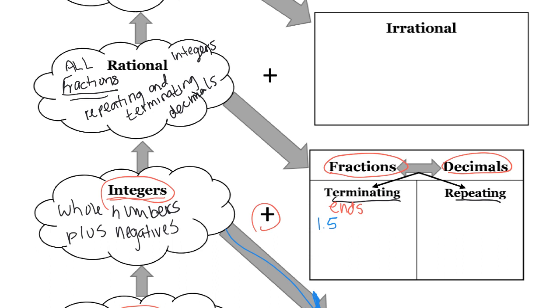Or something like 2.0. 2.0 is the same as 2, so it's an ending decimal, it terminates. Or even something like 7.23456. It ends at 6, so it doesn't keep on going, so it stops.